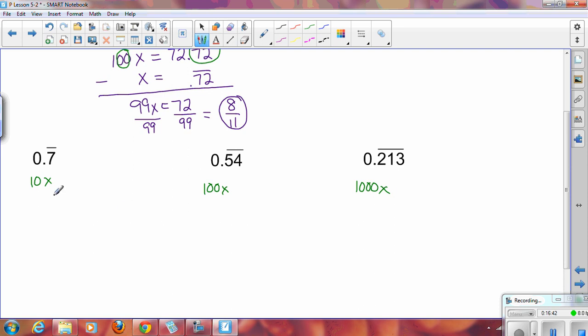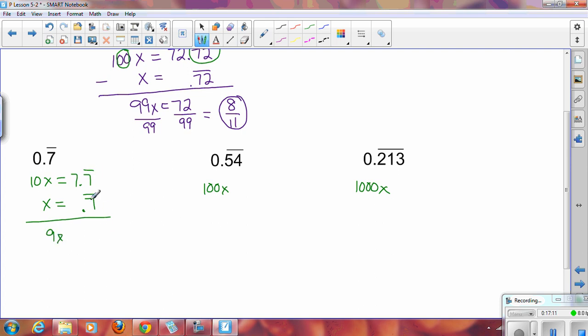Okay? I'm going to work this one out, and then you're going to do these two by yourself. Okay, so we're going to have 10x, and we're going to have x. We always have x. X is what we started with, 0.7 repeating. Okay? 10x is, you move the decimal point over. It's 7.7 repeating. Subtract those. 10 minus 1 is 9. 9x.